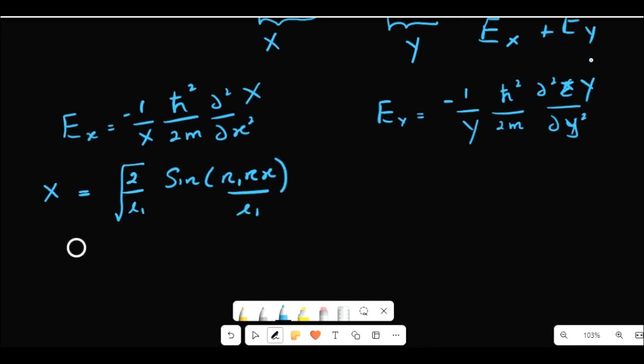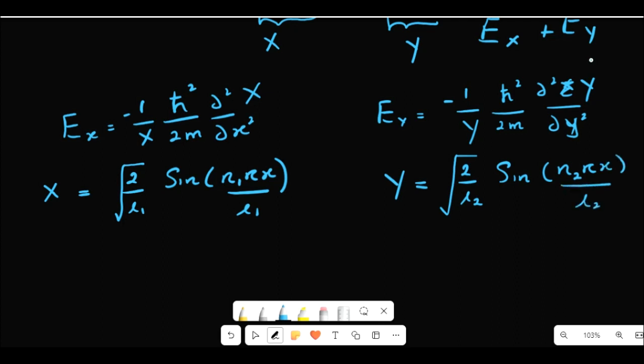Here I have represented the wave function based on the x dimension, and likewise I'm going to represent my wave function based on y direction: square root of 2 over L2, sine n2 pi y over L2.